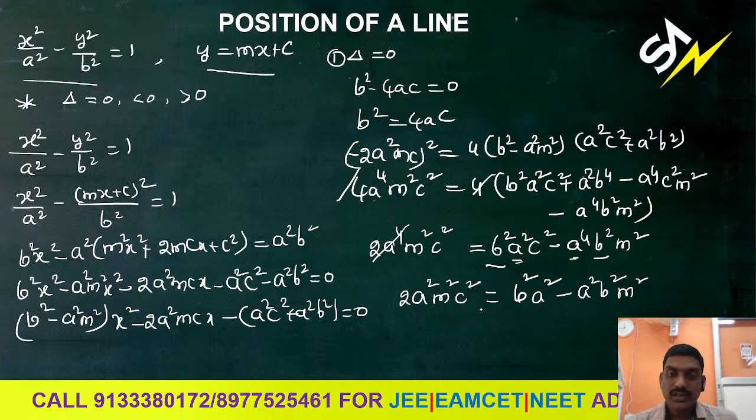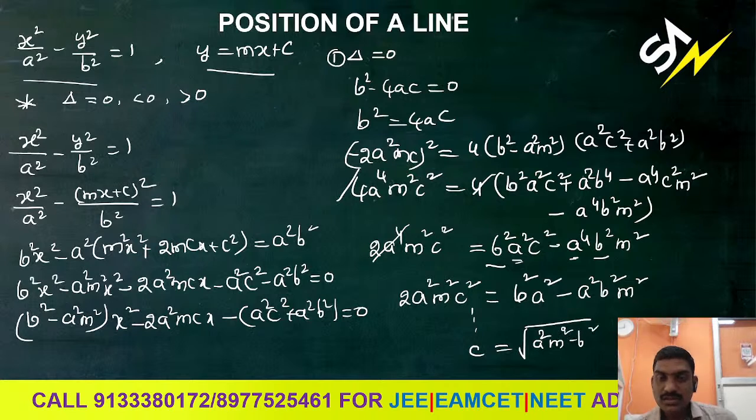Okay, so finally we have to simplify this. If we simplify this, finally what do we get? We can get c is equals to under root of a square m square minus b square. c is equals to under root of a square m square minus b square, we have to get.